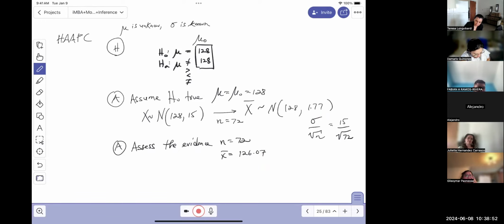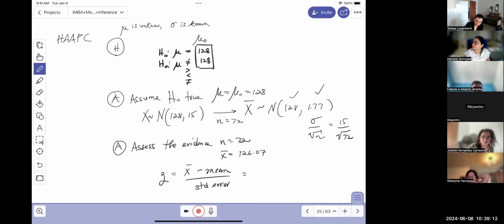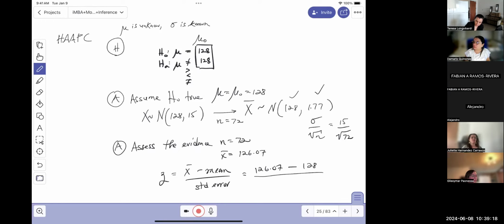Assess the evidence. So we're going to calculate a Z statistic from our statistic. We're going to take X bar that we got, subtract its mean, and divide by the standard error, standard deviation. So X bar was 126.07. We subtract 128 and we divide by 1.77. What do we get?